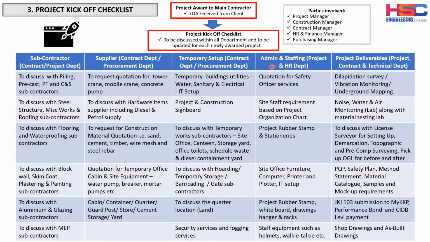This is an example only of what can be discussed during this kick-off meeting, so that it will be useful for any construction company. And then the involvement of the admin and HR department also, the project manager and the HR department, to discuss the administrative items and the staffing items.